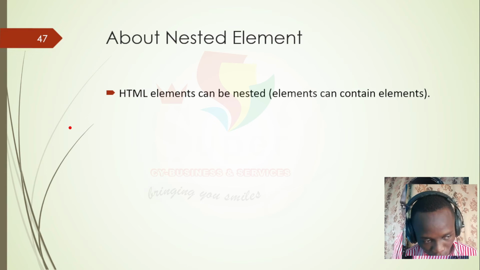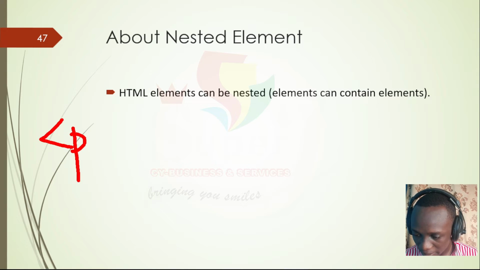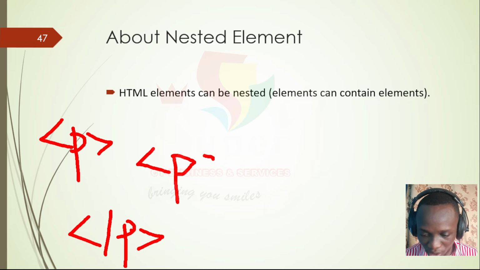So what I'm going to do for you to understand is write a p tag over here, and then I have to close the p tag, so I'm going to close it over here. And then inside of this p tag, I'm going to open another p tag, and I'm going to close this inner p tag over here.